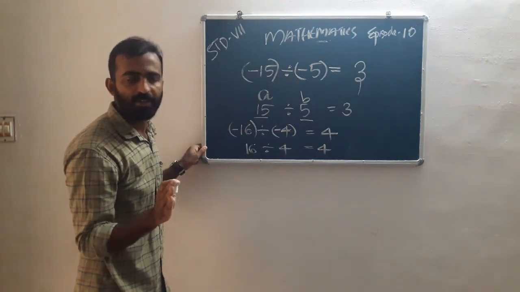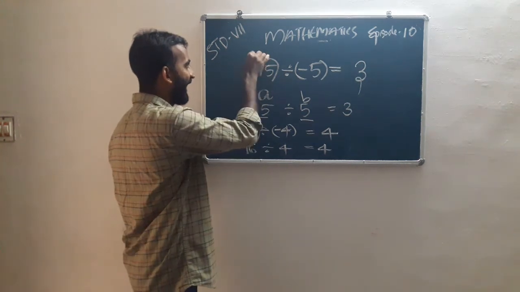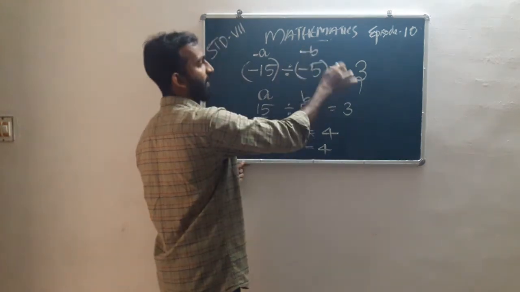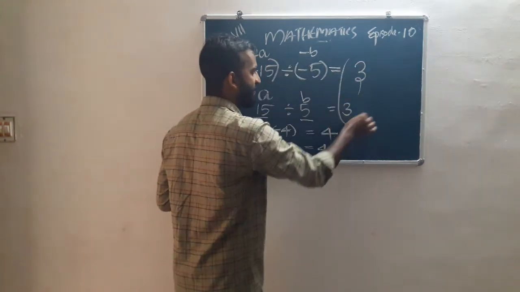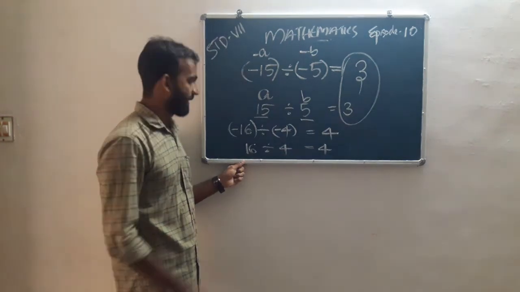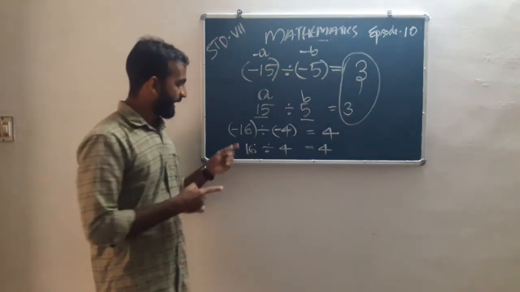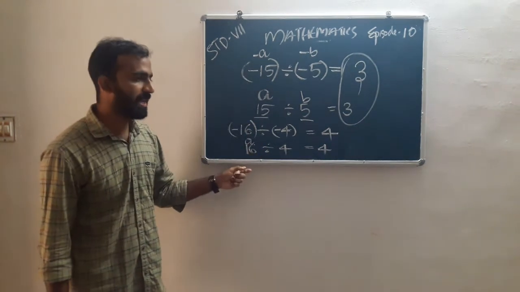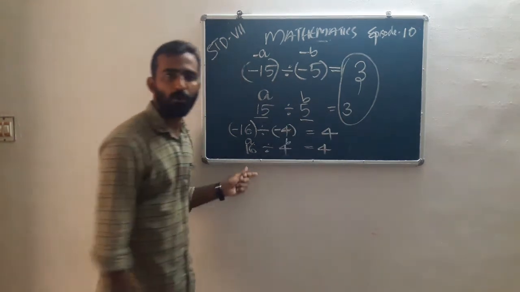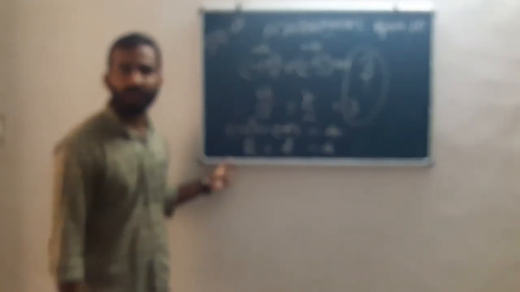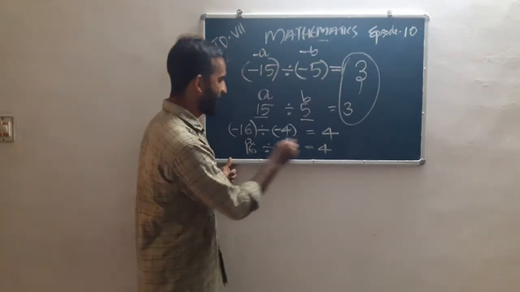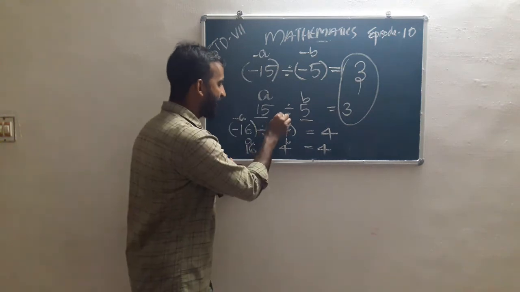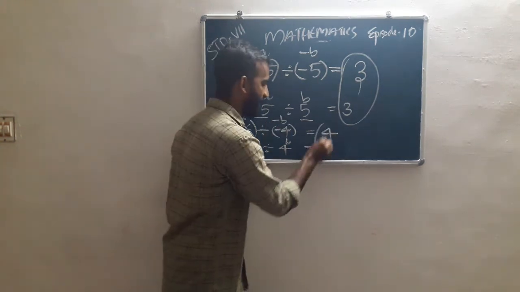And with negative A and negative B, the answers are the same. Similarly, considering 16 as A and 4 as B, we get the answer 4, and negative A divided by negative B gives the same answer.